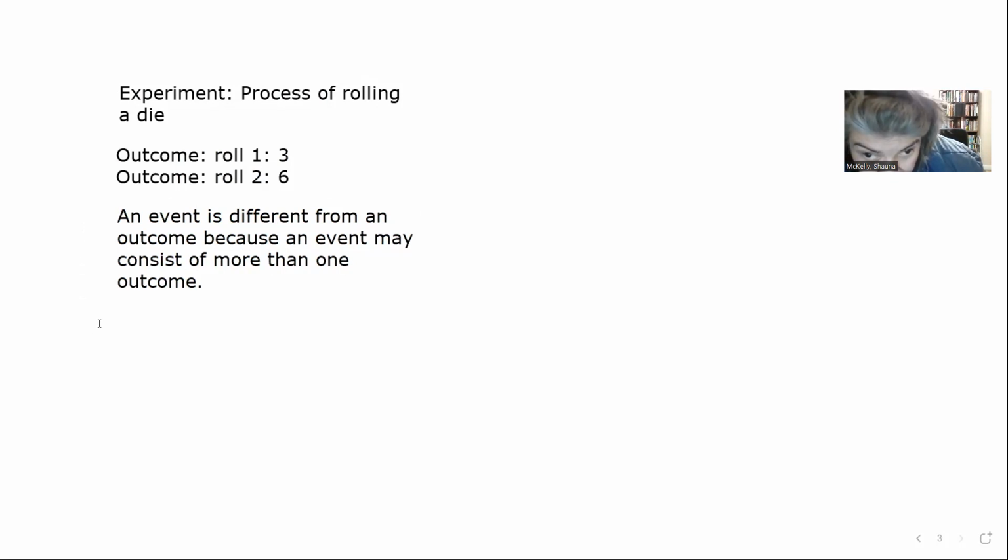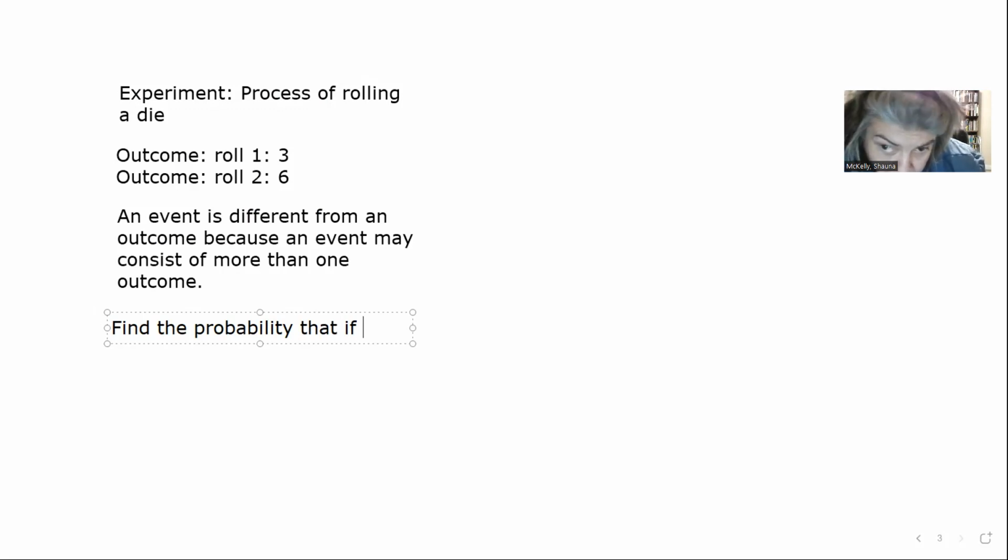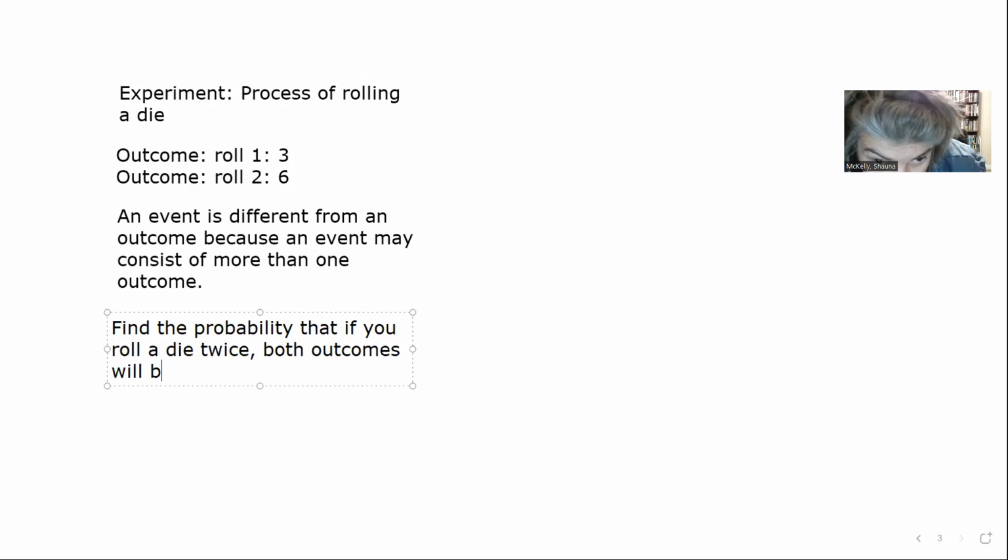Now, if I say, find the probability that if you roll a die twice, both outcomes will be odd.